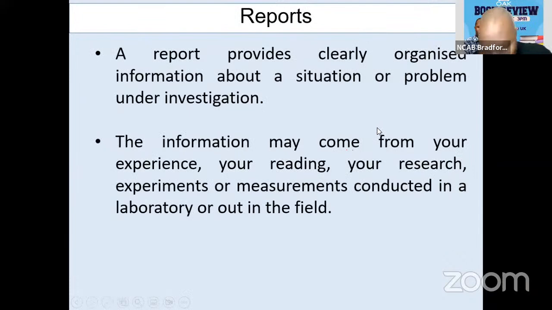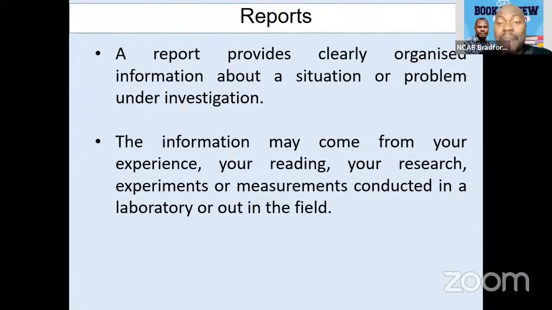Because of our time, let's look at the report. The report provides clearly organized information about a situation, problem under investigation. So in this case, you will be given a scenario. Sometimes you'll be given a scenario that, in this company, we want you to investigate what is happening regarding their human resources, for example.